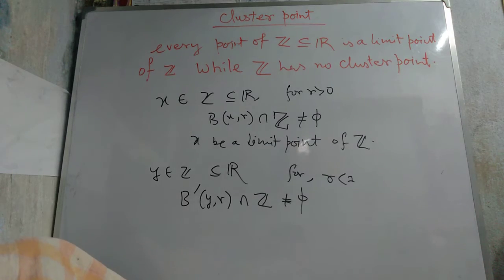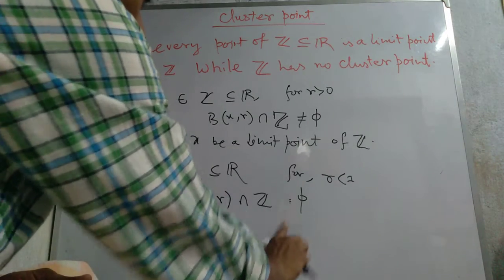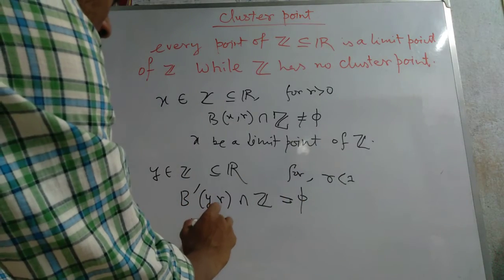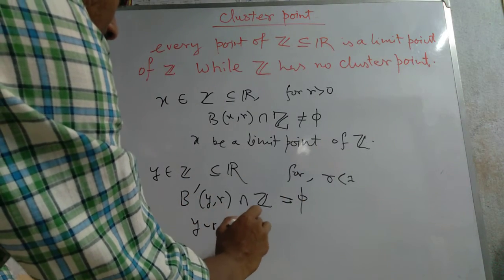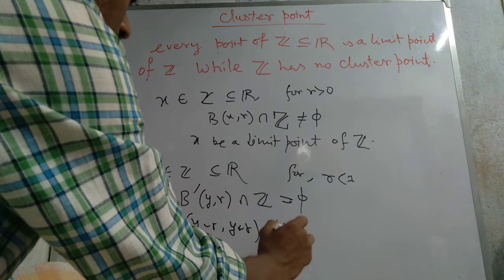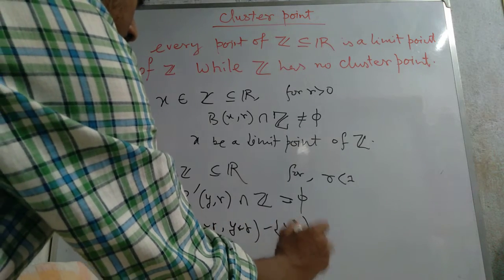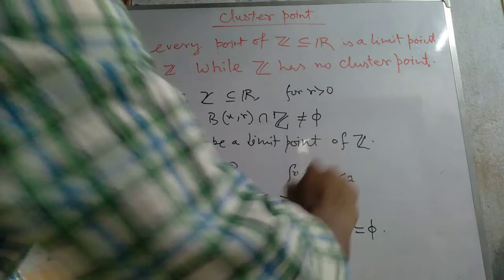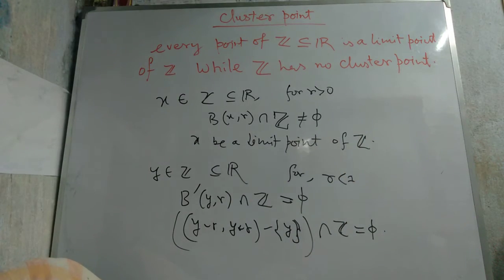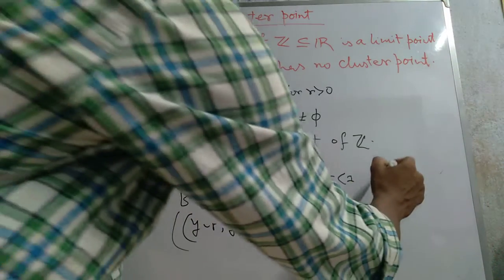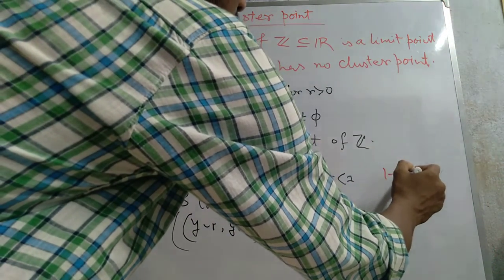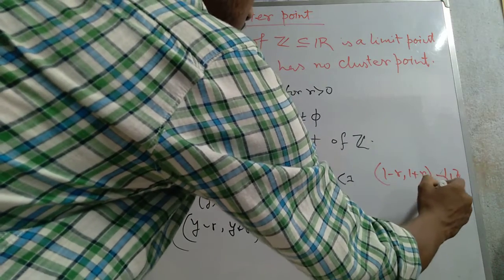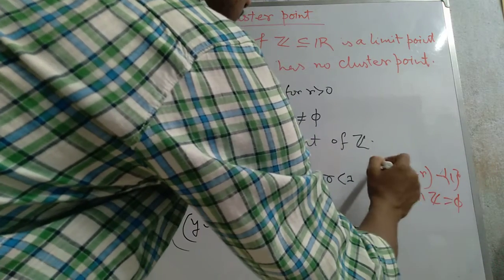Oh sorry, not 'not equal to phi' but 'equal to phi' happens, because here (Y minus r, Y plus r) minus Y intersection Z equal to phi. If we take Y equal to 1, then (1 minus r, 1 plus r) minus 1 intersection Z is equal to phi.